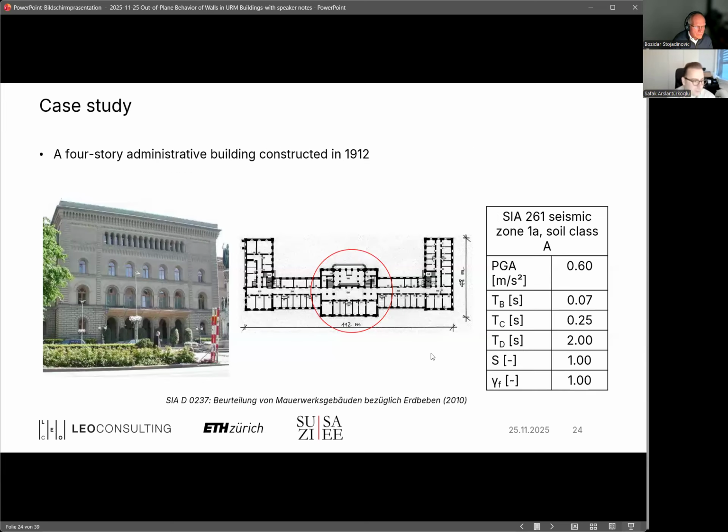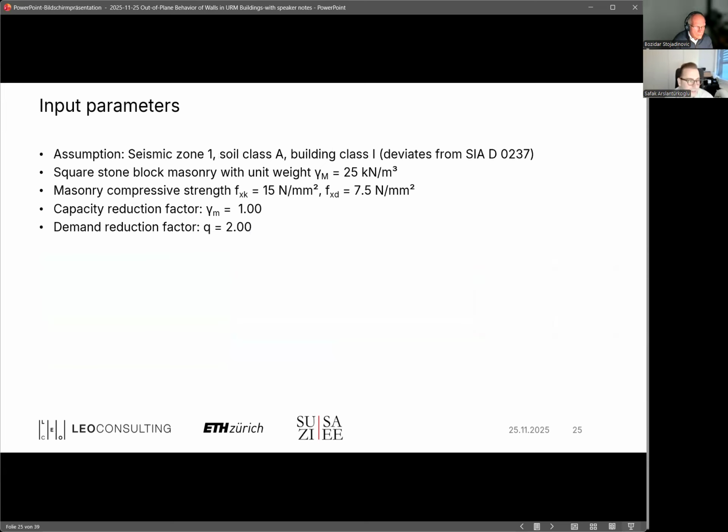So when we are dealing with this building, the material criteria are not as important as in plane analysis, because again, when we are dealing with the rigid body kinematics method, we are approaching the problem from a stability point of view. So what we require here is, of course, the self-weight of the masonry unit. So here we have square stone block masonry, a bit heavier than or almost as heavy as concrete.